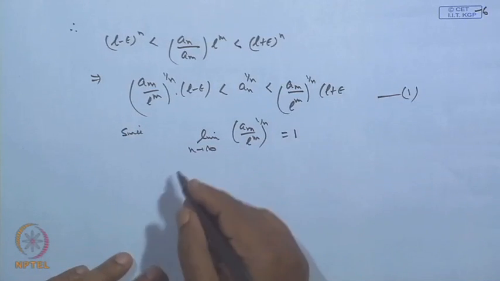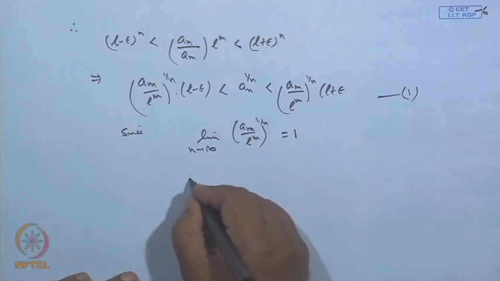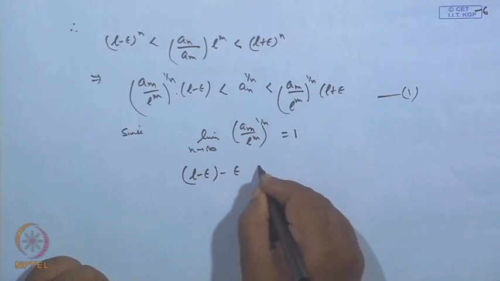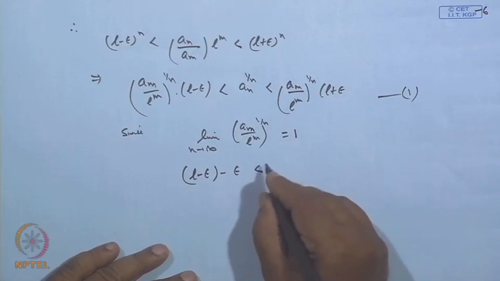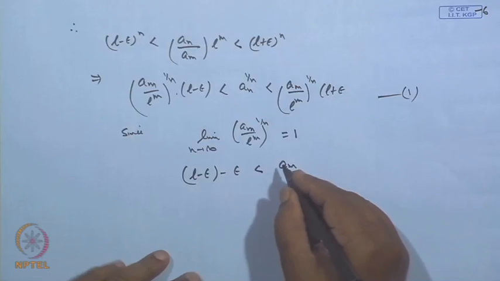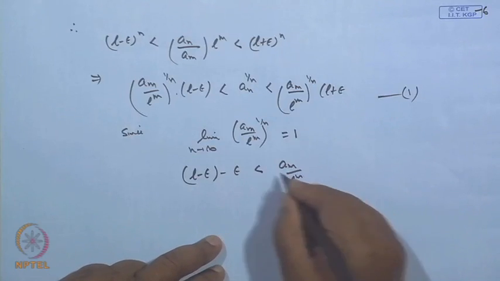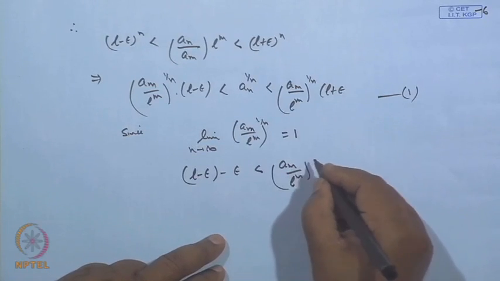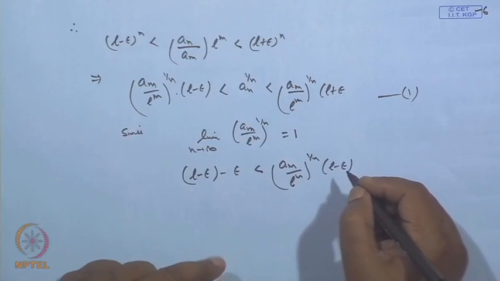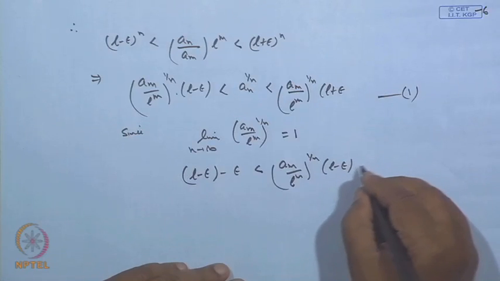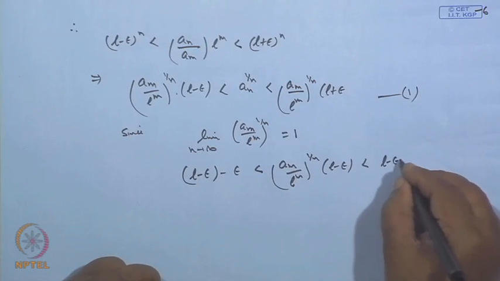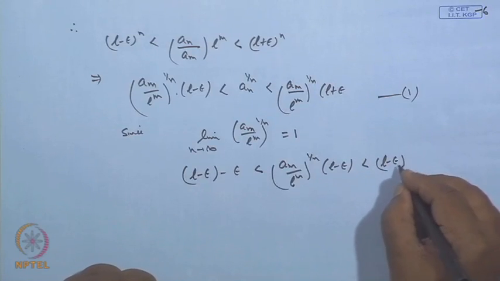So we get L minus epsilon is less than (a_m over L^m) raised to the power 1 by n times L, which is less than L plus epsilon. Why?